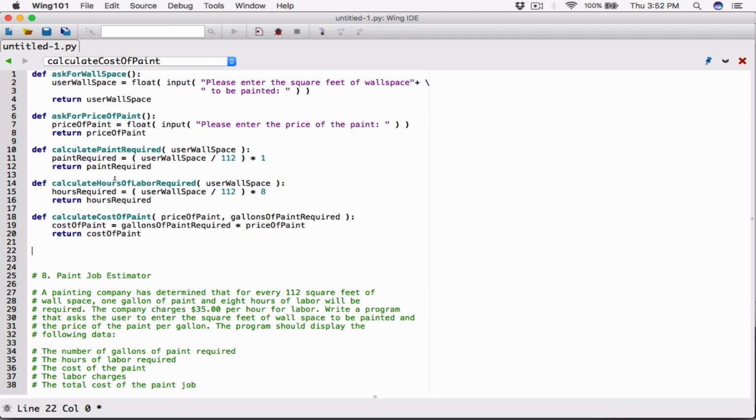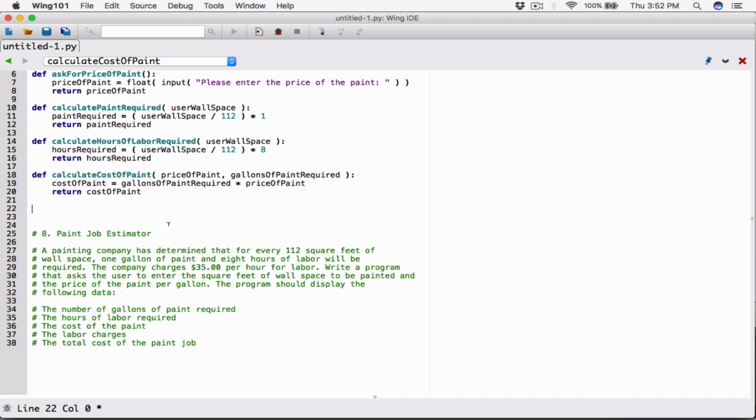Once we know the hours of labor required, by using this function to calculate it, all we have to do is multiply the hours of labor required times the $35, which is given to us by the question. So let's define a function called calculate labor charges.